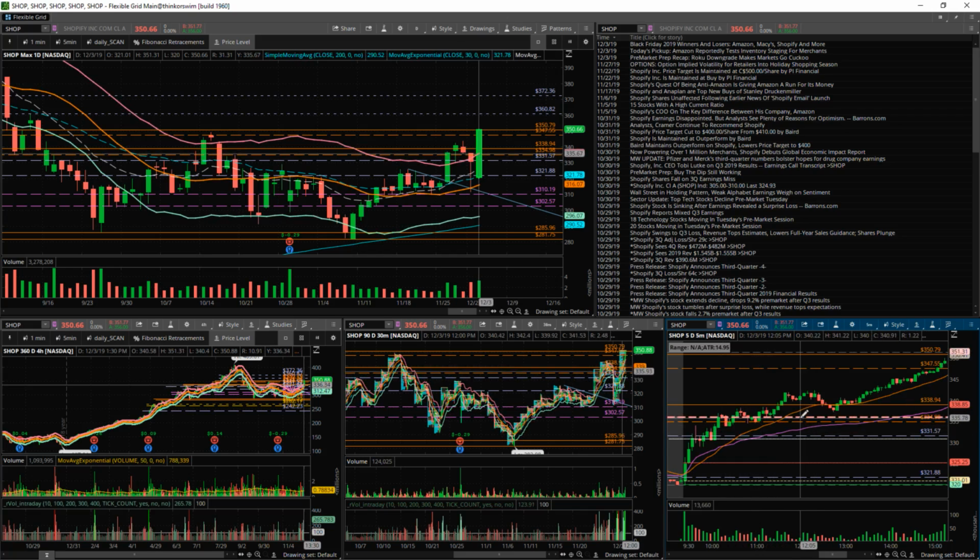The light red dotted line is yesterday's high. So when it breaks back above, this could be an entry. But if you want to be a little more conservative, you wait for it to retest the level, and when it confirms, getting back over the high of this test candle, that would be a really nice entry.